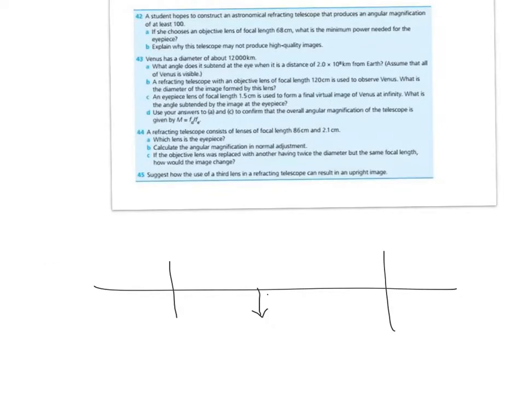So here is our image formed by the objective lens, and the angle subtended we've already worked out, because as you know, it's the same as the angle subtended at the eye by the object.